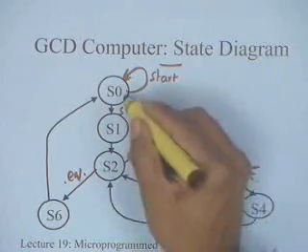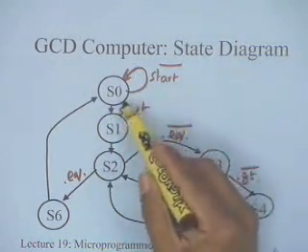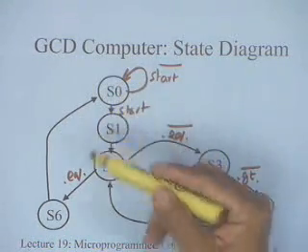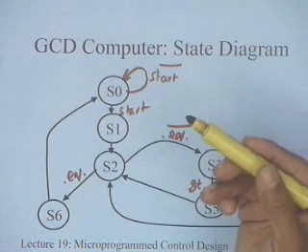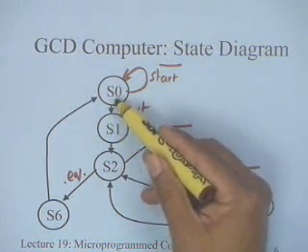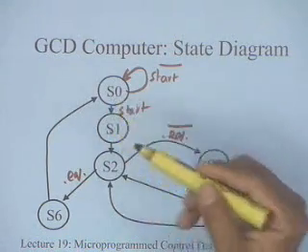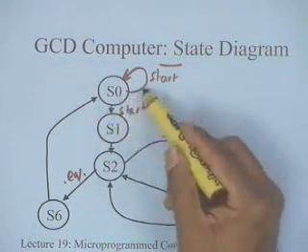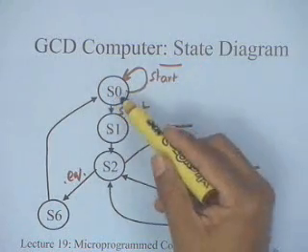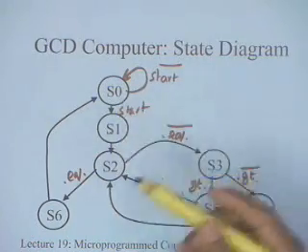In the implementation of this in a microprogrammed control, this will be: if start bar, then S0, continue to do S0, as you go to the next microinstruction. S1 is going to be placed next to S0, even in terms of the microinstruction addresses. So I will have to specify only the address of S0, whichever is the microinstruction address for this, as I go to the next microinstruction, which is S1.